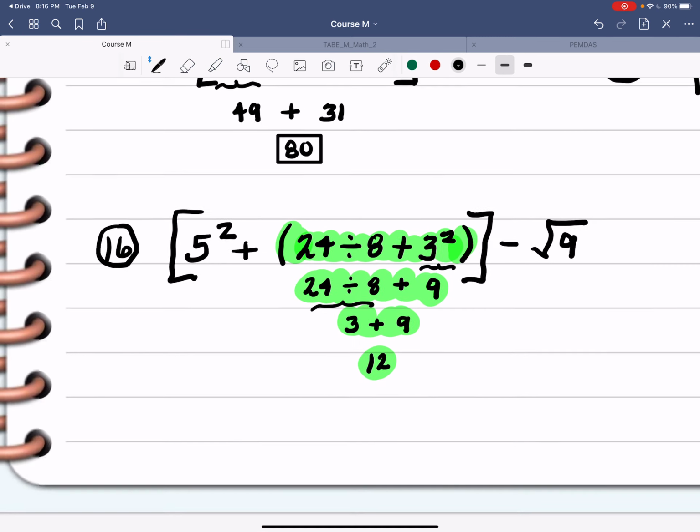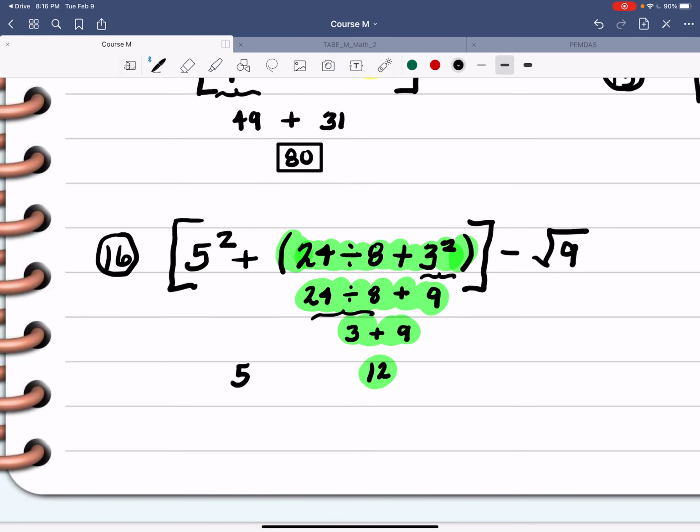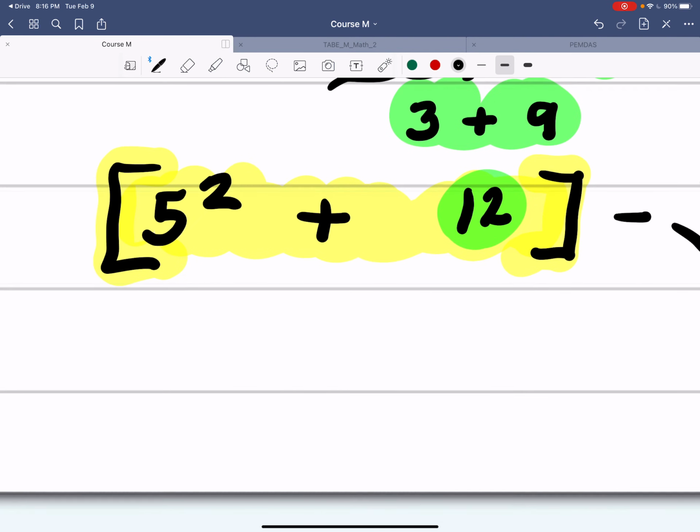And then we are left with 5 squared and a plus sign in the brackets minus the square root of 9. So now we have to focus on these brackets. We got to do this stuff in there first. So 5 squared, that's going to be 25.